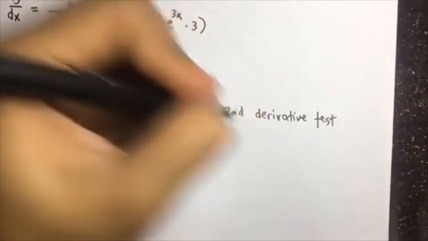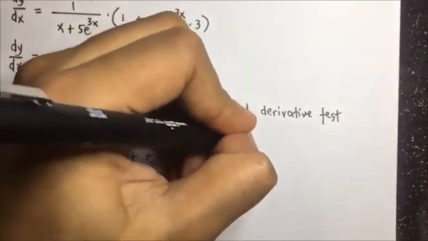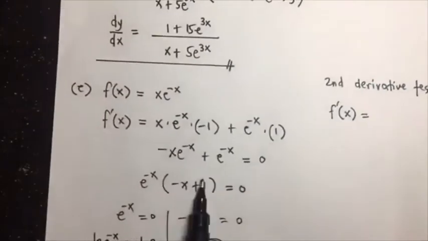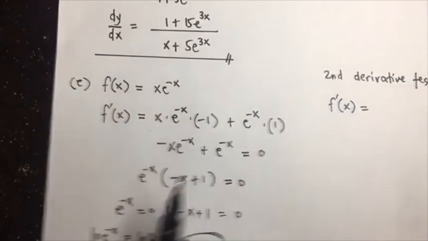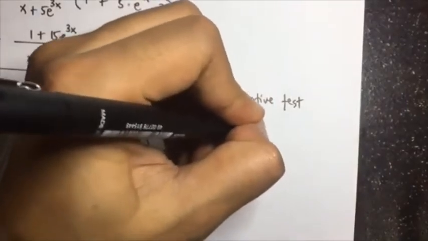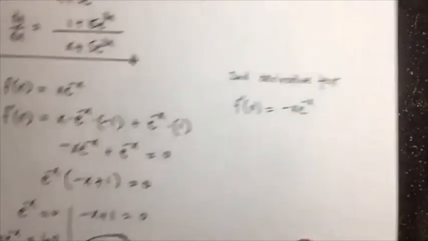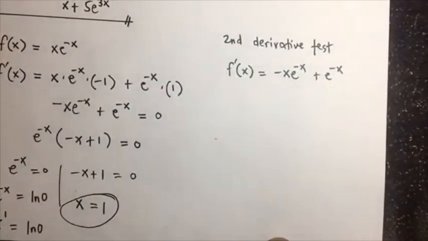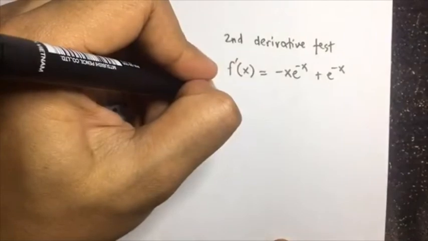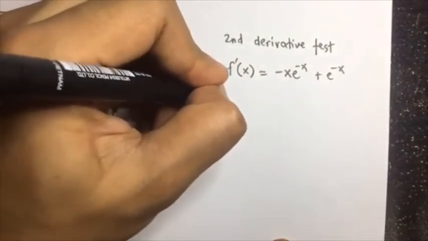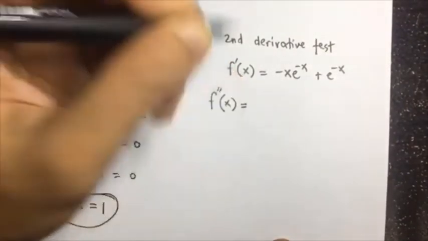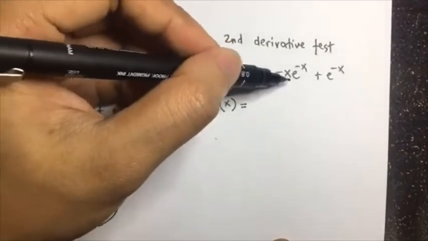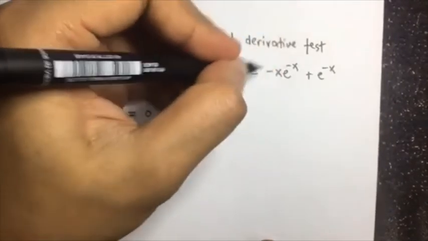Our first derivative, f prime of x, is negative x e raised to the negative x plus e to the negative x. Our second derivative now: we will derive this.